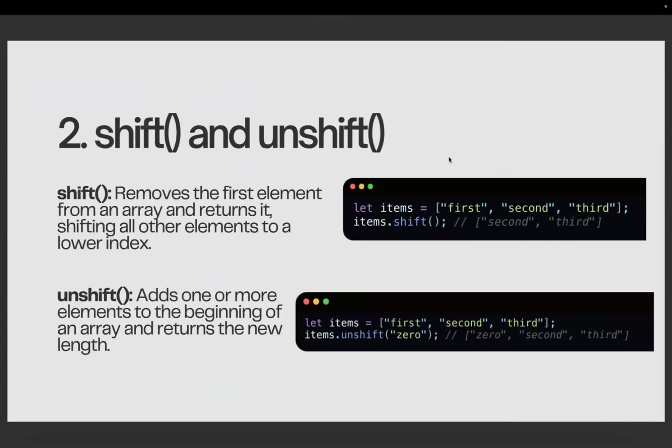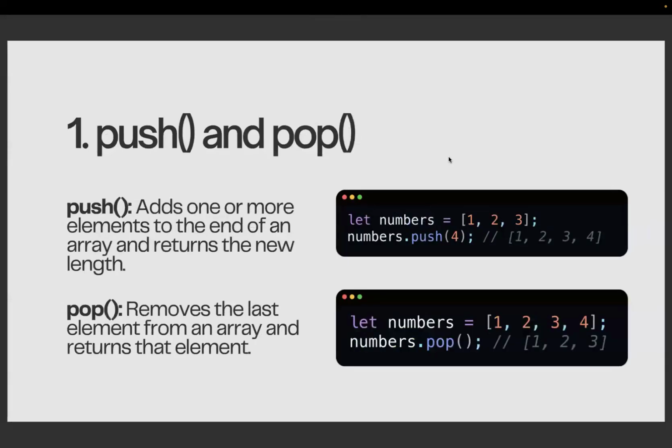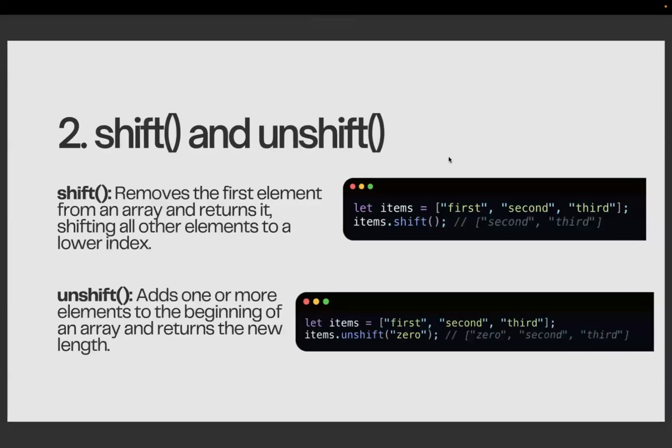So we have shift and unshift, just like we have push and pop, which add and remove elements from the end of an array. Shift and unshift do the same thing, but they work with the beginning of an array. So shift removes the first element from an array and returns it, shifting all other elements to a lower index.